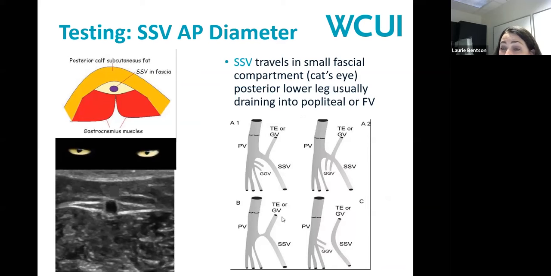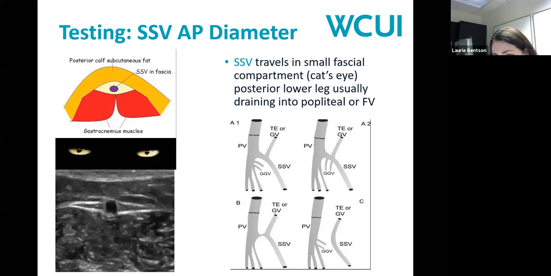And with the short saphenous vein, there could be many variations in where it's draining, whether it's draining into the popliteal or into the femoral. There can be a lot of variations. Usually we note if it is draining into the popliteal or not.